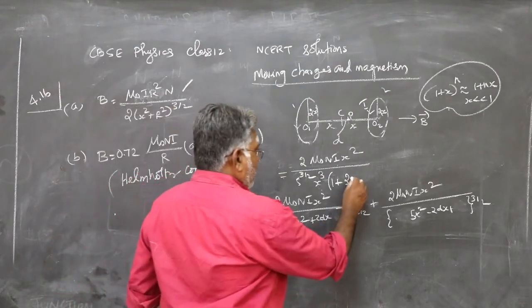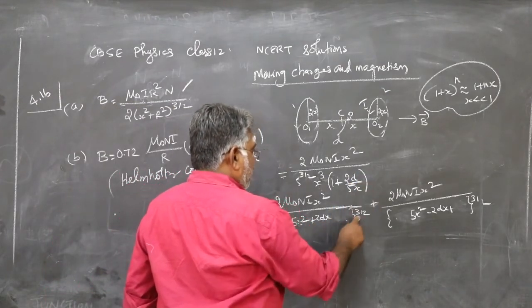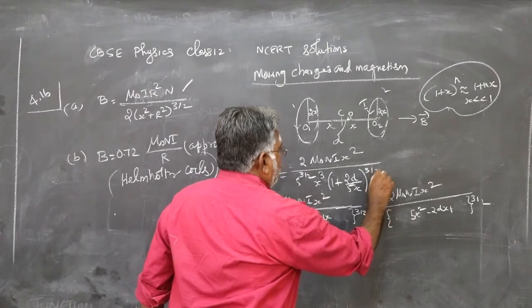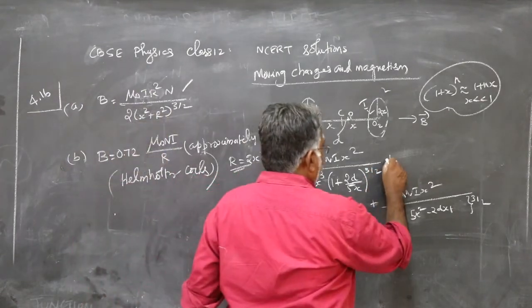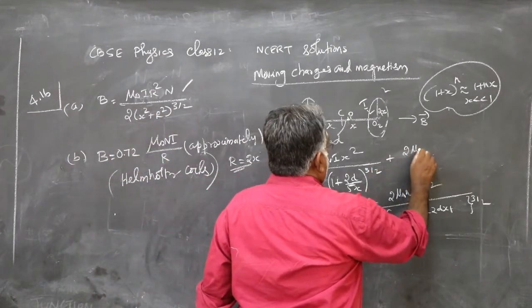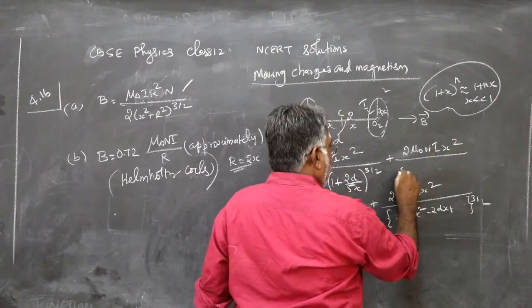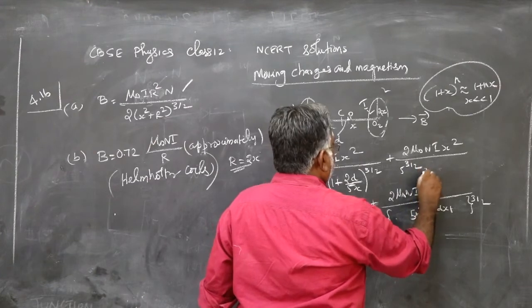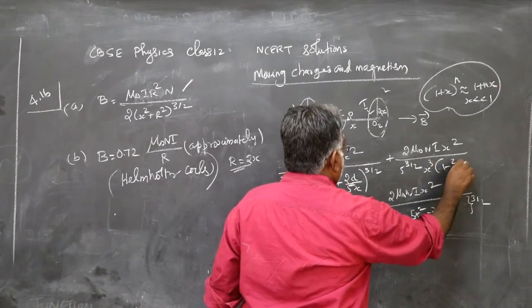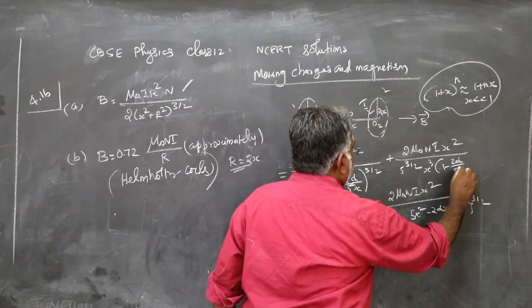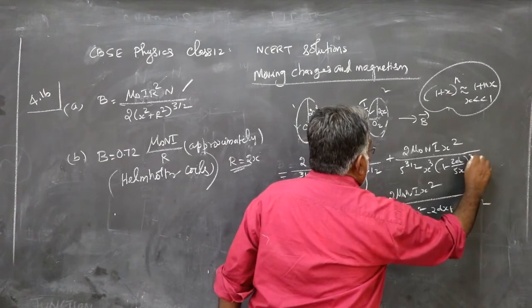The d is there already, so this power 3 by 2. Then similarly here 2 mu naught ni x square whole divided by 5 power 3 by 2 x cube, 1 minus 2d by 5x power 3 by 2.